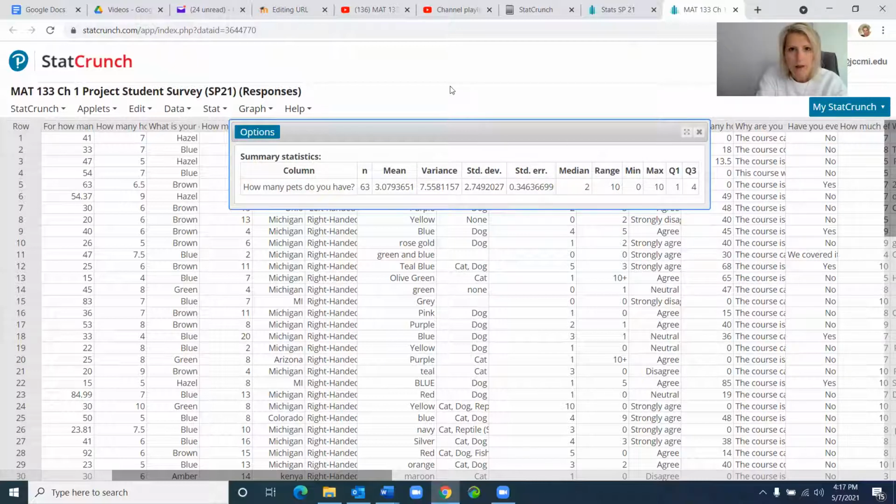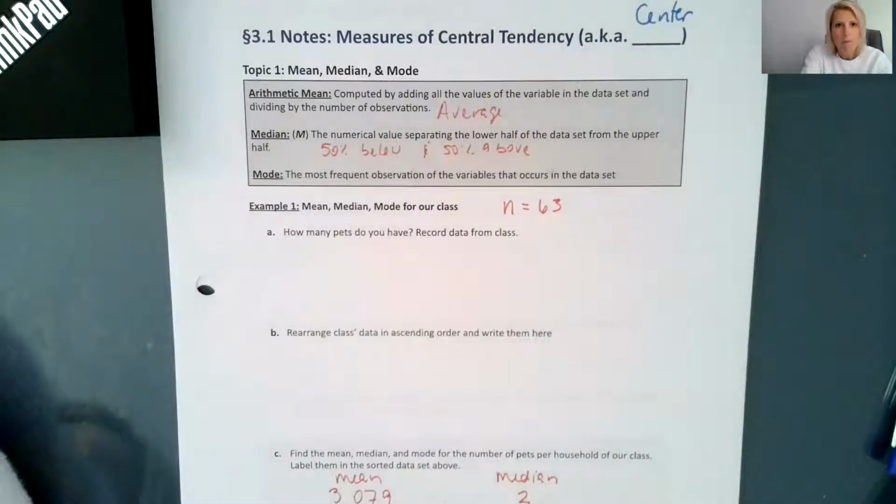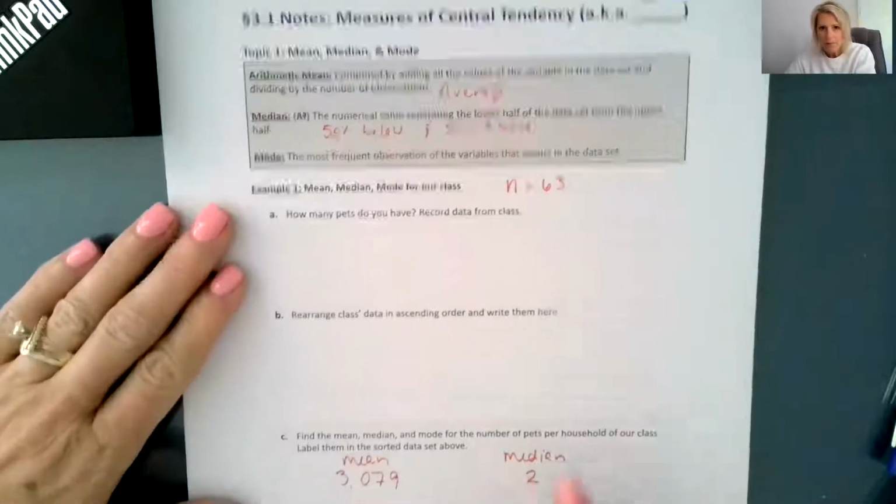Okay. Now I'm going to go back to my paper because I want to show you what my paper looks like. For some reason, this does not want to go.